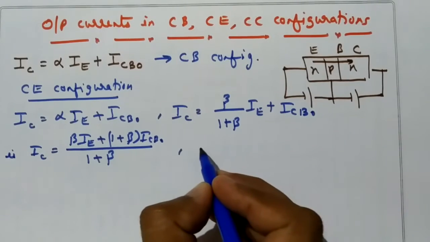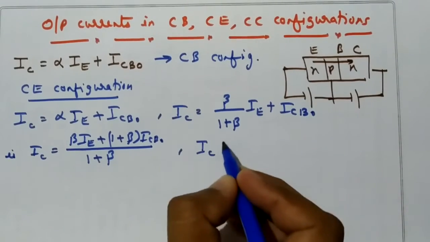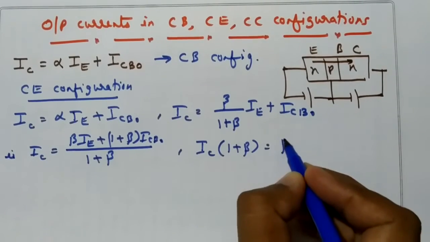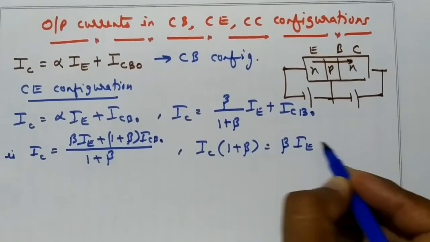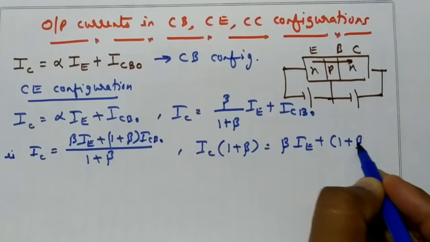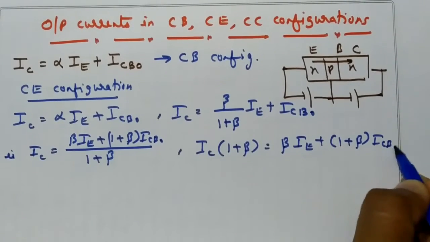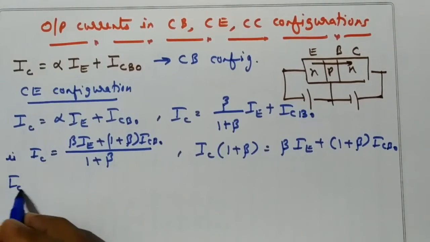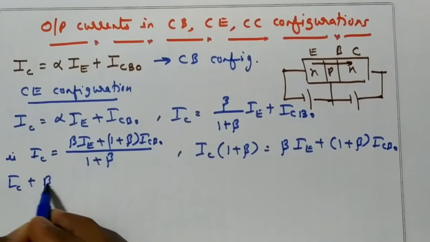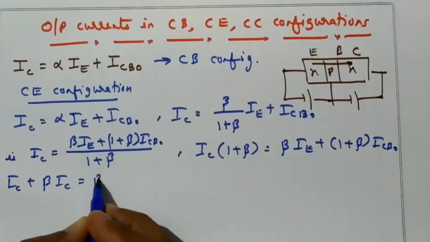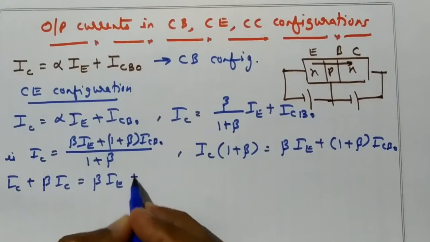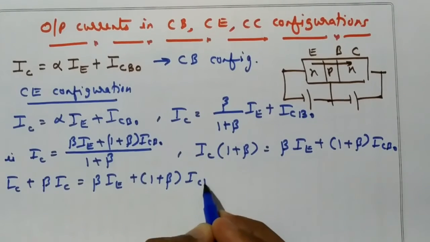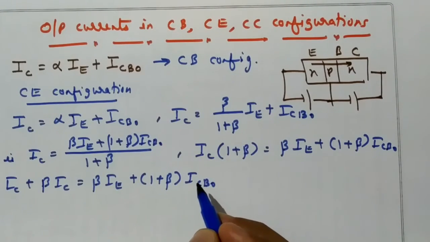That is, cross multiply: IC into 1 plus beta is equal to beta IE plus 1 plus beta into ICBO. That is IC plus beta IC equals beta IE plus 1 plus beta into ICBO.